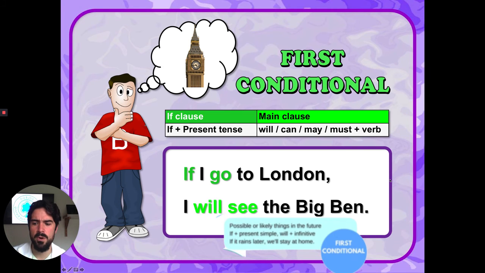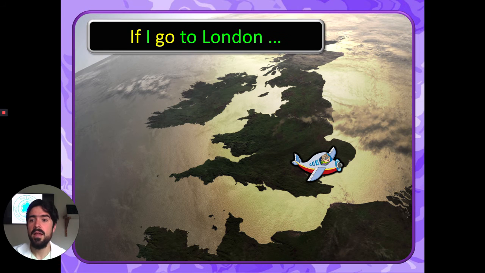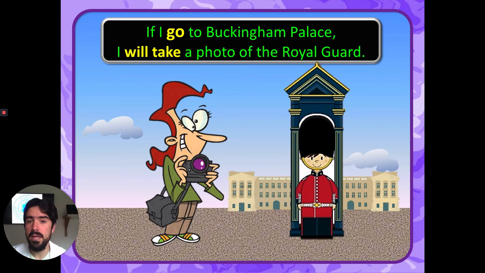Let's see more examples. If I go to London, I will see the Big Ben. Nice. If I go to Buckingham Palace, I will take a photo of the Royal Guard.